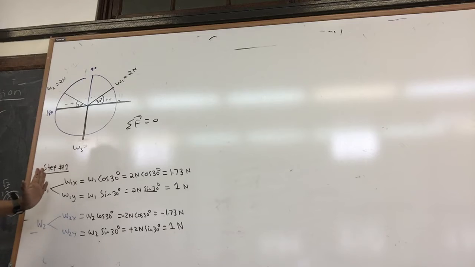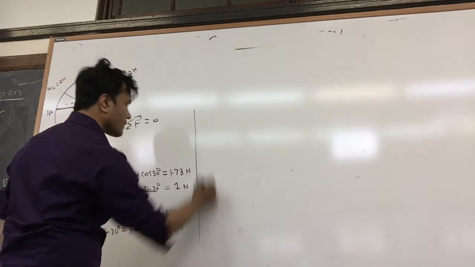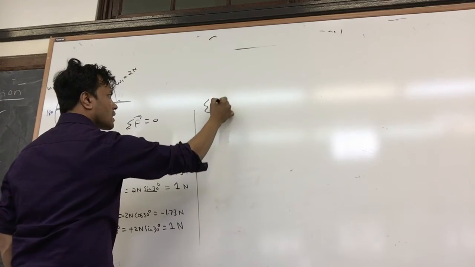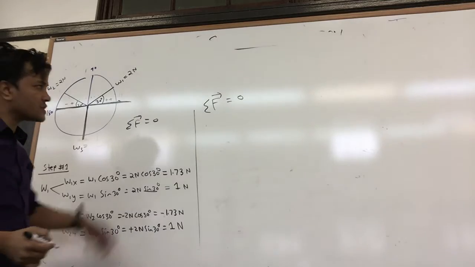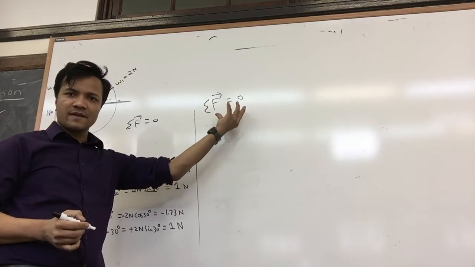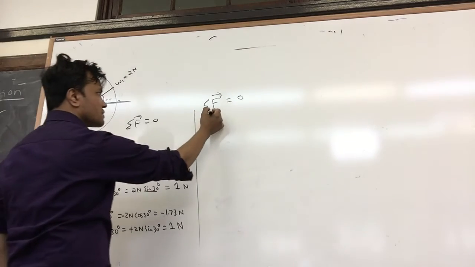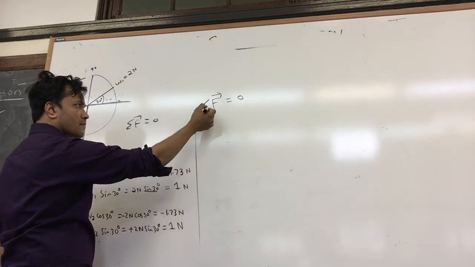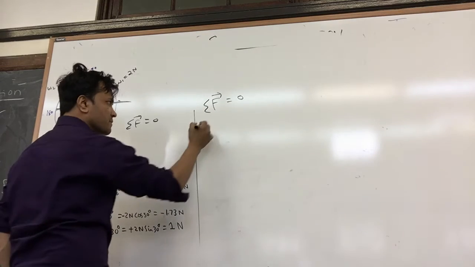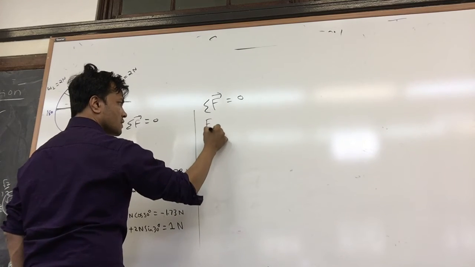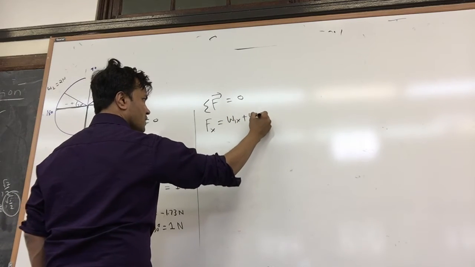Now we will use Newton's law. Our goal is to accomplish a net force of 0. So the force acting in the x direction: now we're going to add up the forces acting in the x direction. So the force in the x direction is W1x plus W2x.